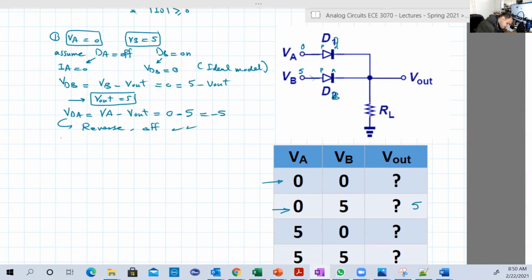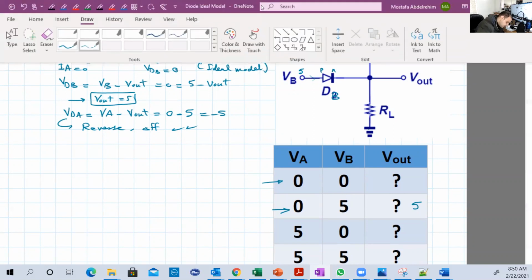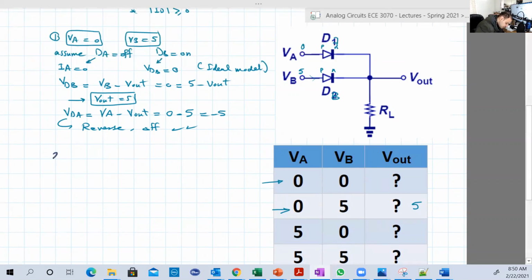Good. Number 2, let's do this in another color. Let's do a lighter one. Yes. VA equal to 5 this time, and VB equal to 0. It will be the opposite. You know, these are identical branches, you just switch the voltages.